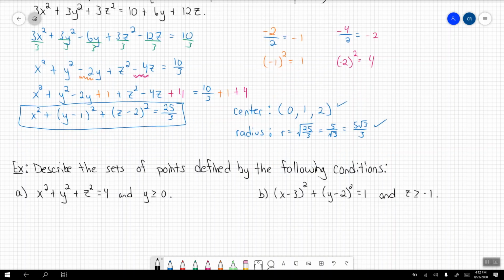So what I want you to do at this point in time, if you want to pause the video, I would encourage you to do so and try to get a visualization for what these conditions are giving you in R^3. All right, so again, if you want to take some time, pause the video, I encourage you to do so.